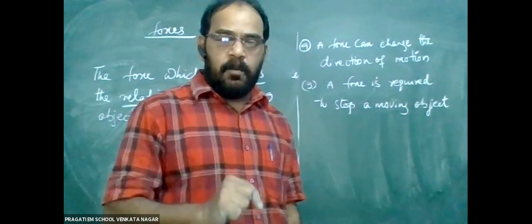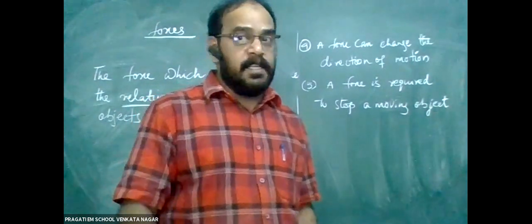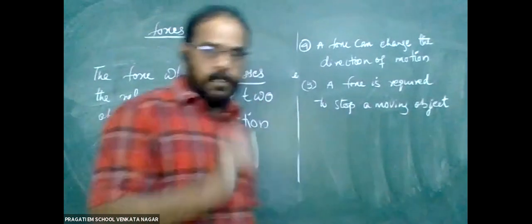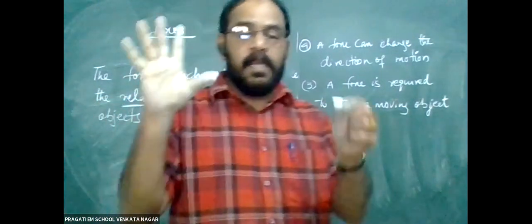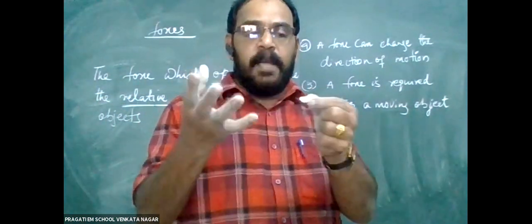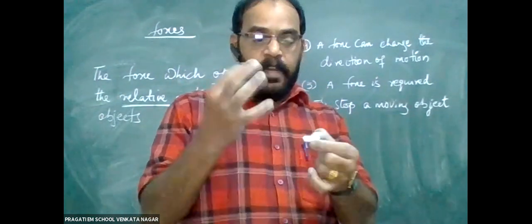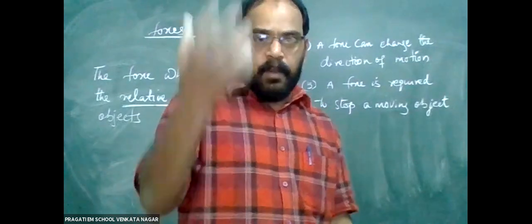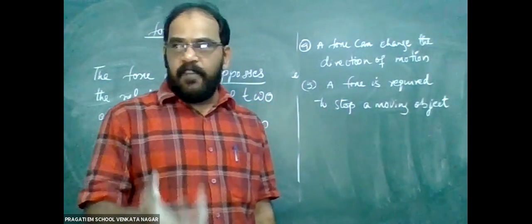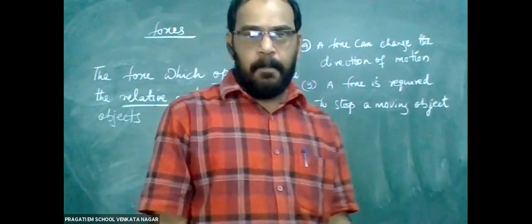Friction is required to walk. If friction is not there, I cannot hold this chalk piece. See, here the contact force you can understand, because of the friction between my fingers and this chalk piece. When you carry one glass which is wet, you can see it slips.